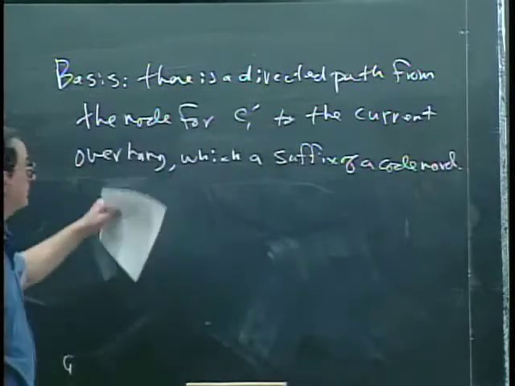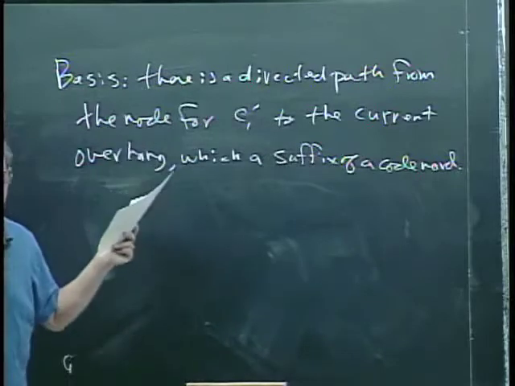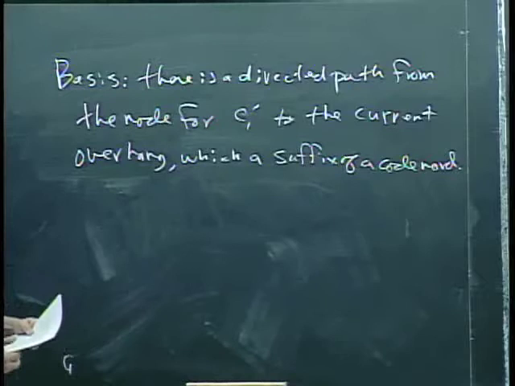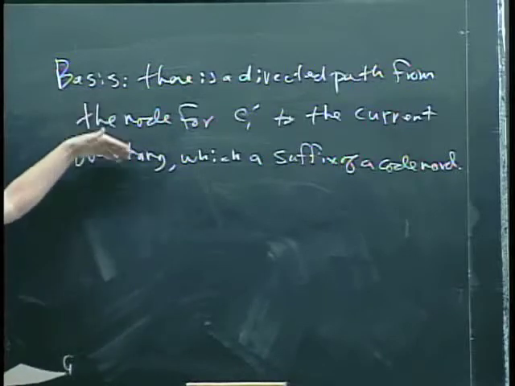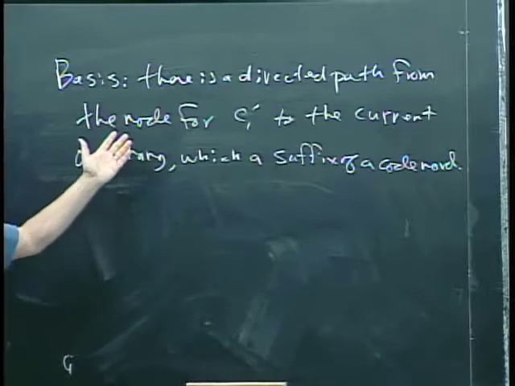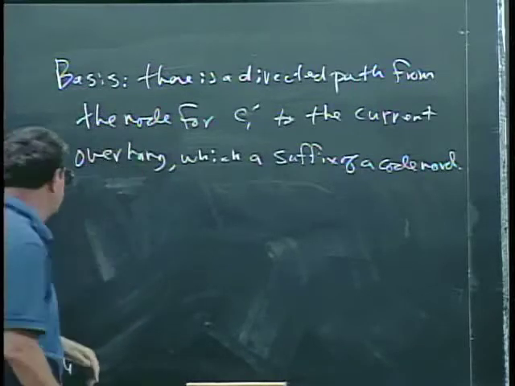So we're going to see that this holds inductively as we add one new code word at a time. You can call that an inductive proof, or you can just say that this is an invariant property that holds as we go through this construction.